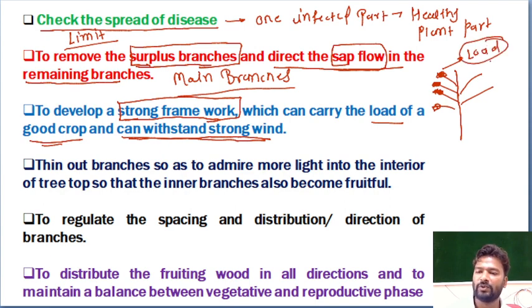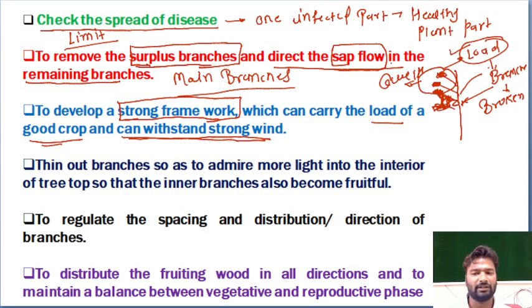So it may be possible that some branch can be broken, but by the pruning process we remove the excess or surplus branches, then the fruiting is controlled, we can increase the quality of fruit, and the load capacity of the tree also increases. So this is also one of the mottos.